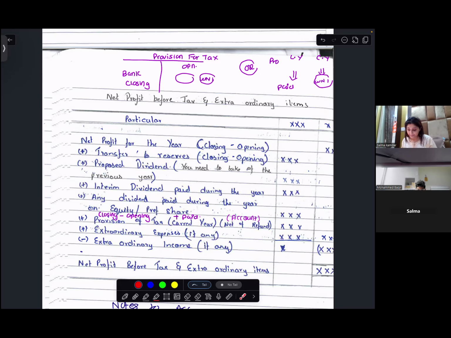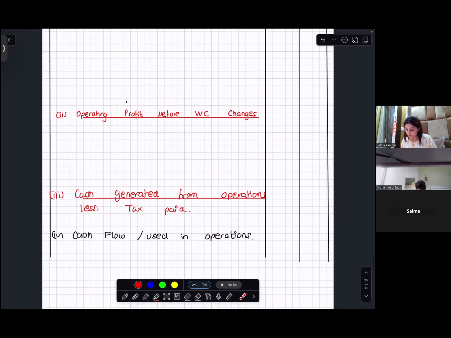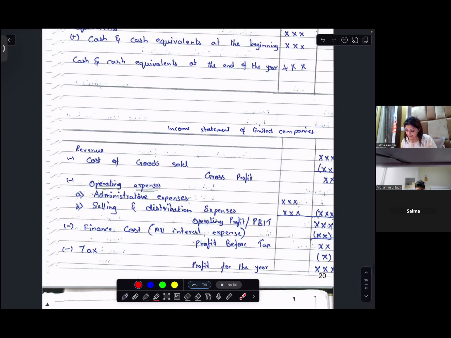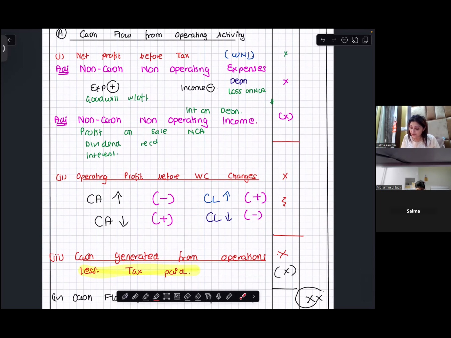Are you with me? Okay. Then after that, you have your non-cash, non-operating expenses. I hope you're clear with working note 1. Then you have your non-cash, non-operating expenses. So whatever are your expenses and non-cash items, you will add. Income you will subtract.